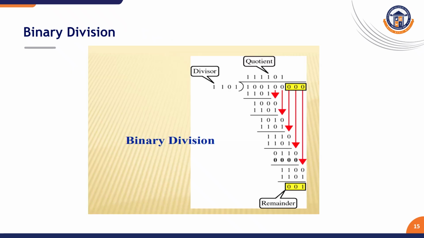So this is how the binary division takes place. Here, assume the original value is 100100, to which 000 is added at the initial stage, and then it is divided by the divisor.